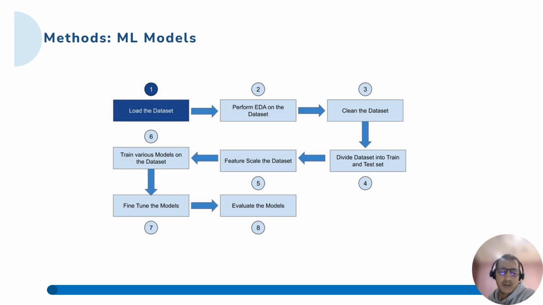We'll train some models. As I said at first, we'll focus on three algorithms, and for the fine tuning and the evaluation and the comparison, we will discuss them in the manuscript.